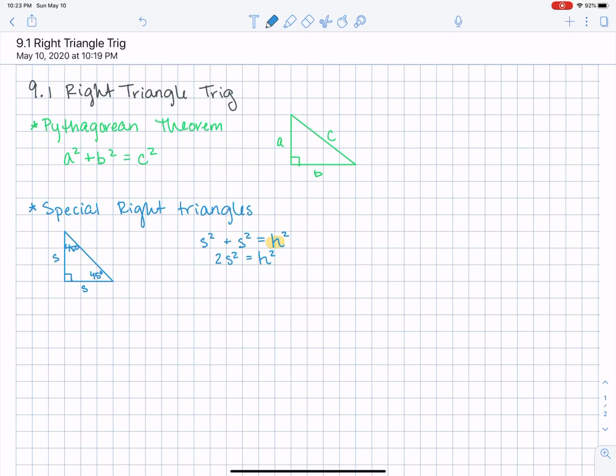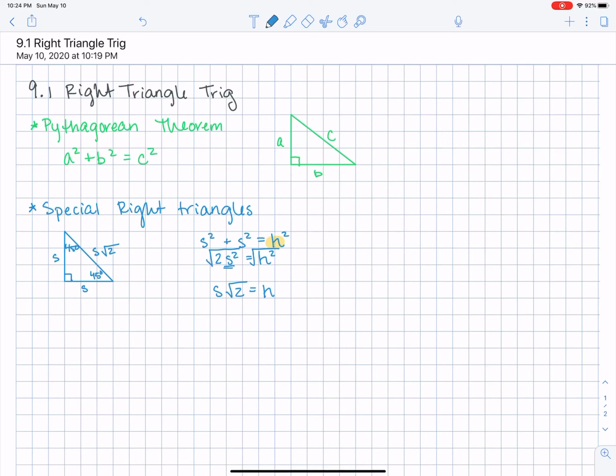Okay, my radical geniuses that you are, I know that you know this, that when you take the radical of both sides, you can take out the s squared, meaning that s root 2 is equal to your hypotenuse. And we only care about the positive version because it's a length. We don't care about the negative version.